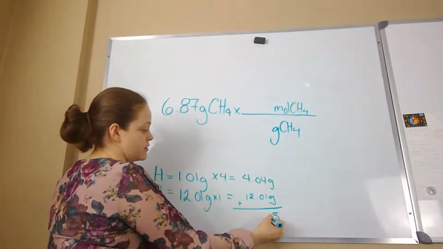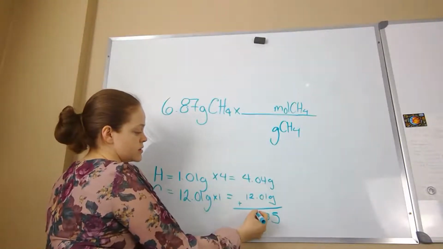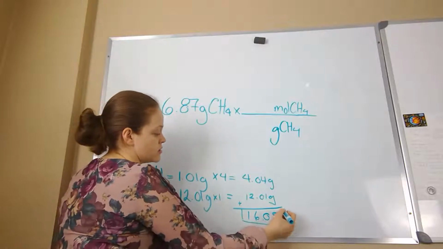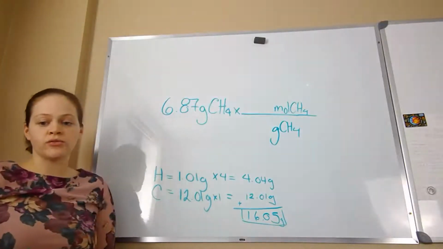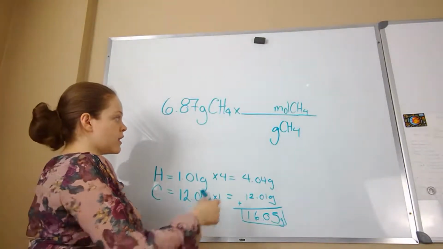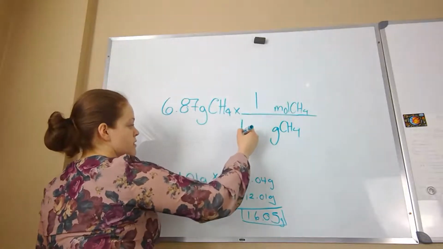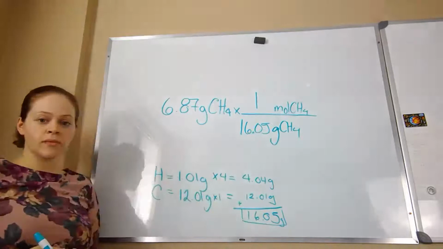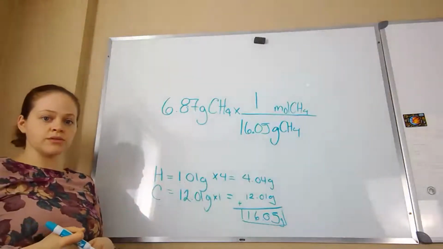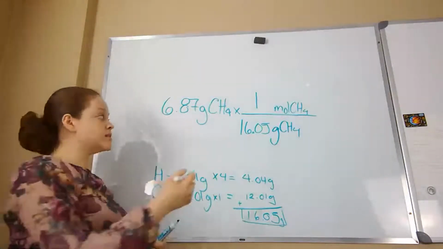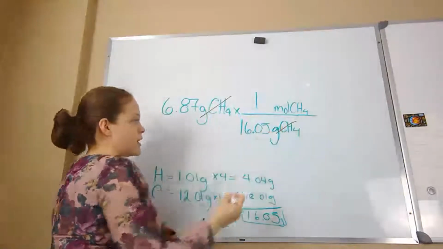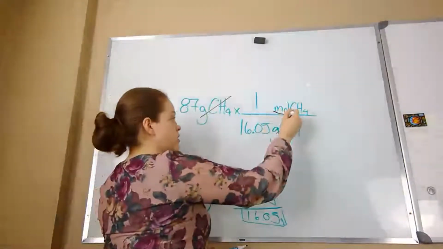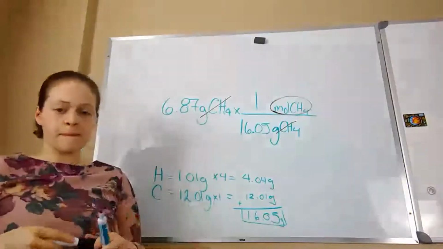So your molar mass is 16.05 grams. Then, for 1 mole, we have 16.05 grams. And then you just multiply it through, because this unit cancels with that unit, and we're left with moles.